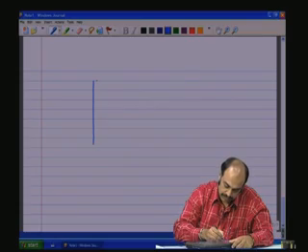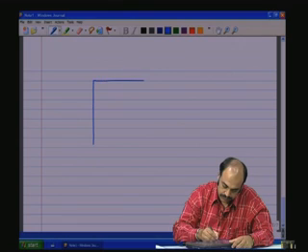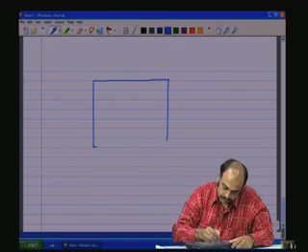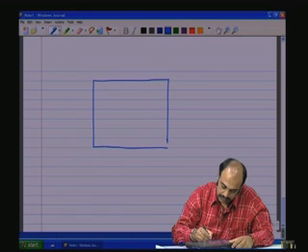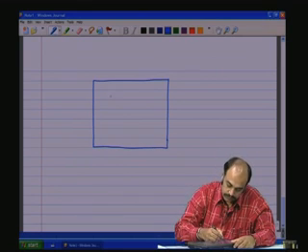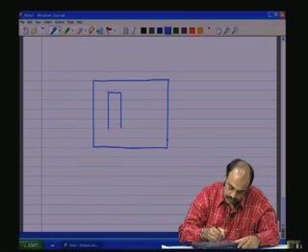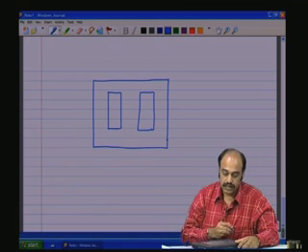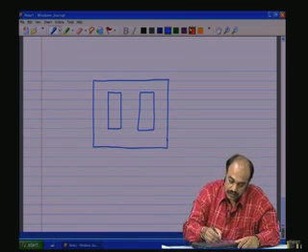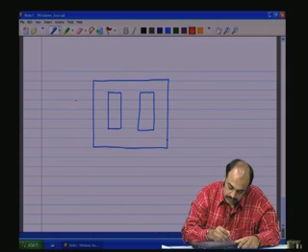The core will be something like this. So, we have this rectangular solid block, and then we have a central limb. Now, the winding is done on the central limb here in this case.